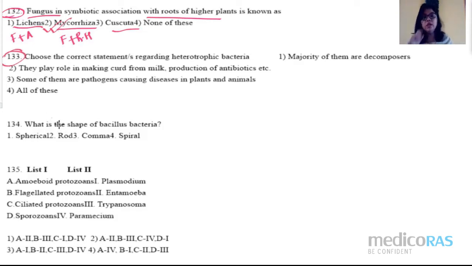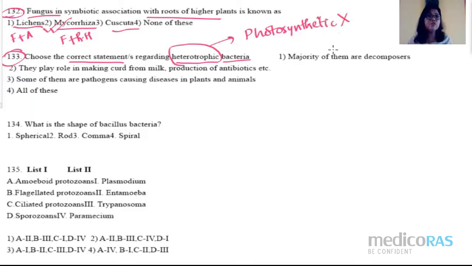Next, come to question number 133. They are asking which statements are correct regarding heterotrophic bacteria. Heterotrophic bacteria means they are not photosynthetic. Now let's see the options they have given. The majority of them are fine. Those are also not photosynthetic, so this is also correct.